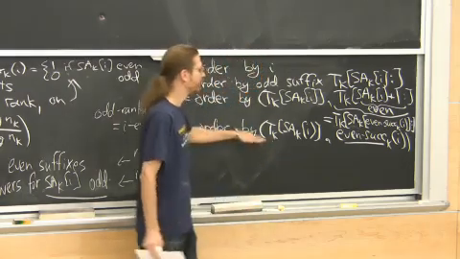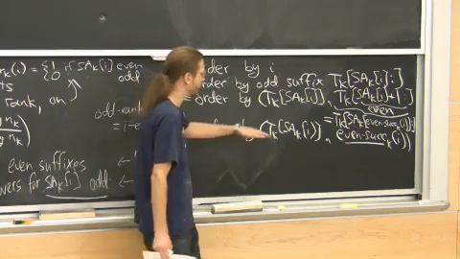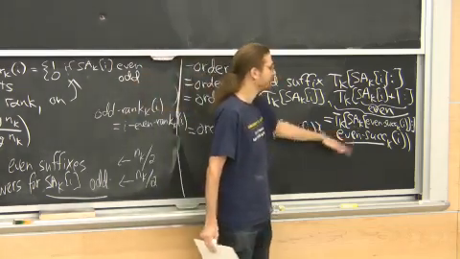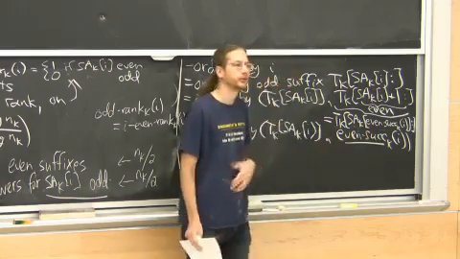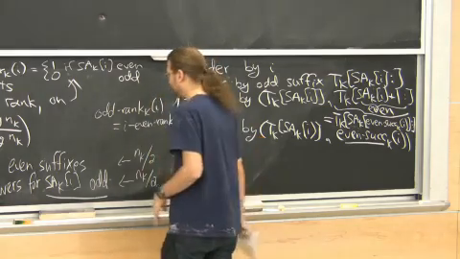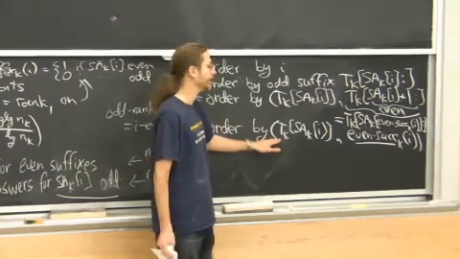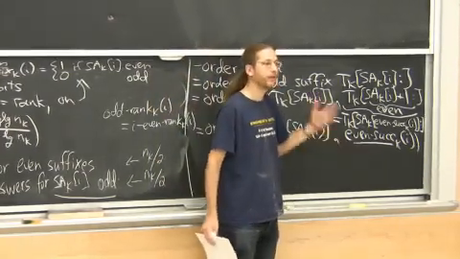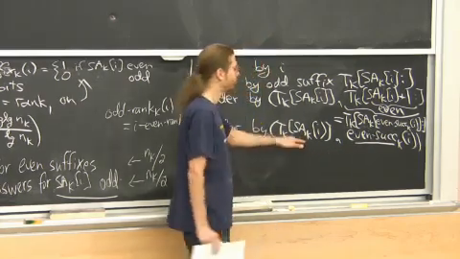So these are the pairs I'm going to store, this comma this, for all I, in order by this value. That is my goal. If I could store these in order by this value, then by computing odd rank, I know where in this list of pairs to go. And then I just look at the second value of the pair. That is my answer.